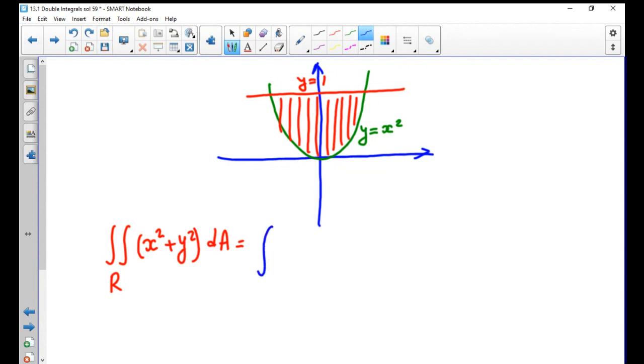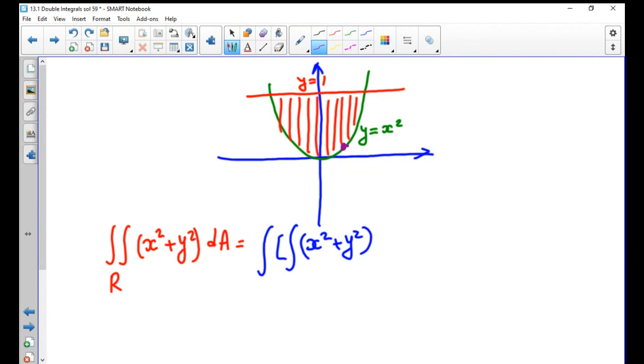Now we need to split this into two integrals. Do you think we need to integrate first with respect to x or with respect to y? With respect to y, yes.